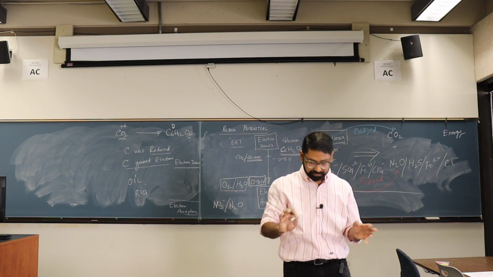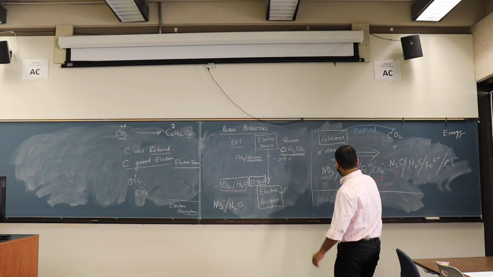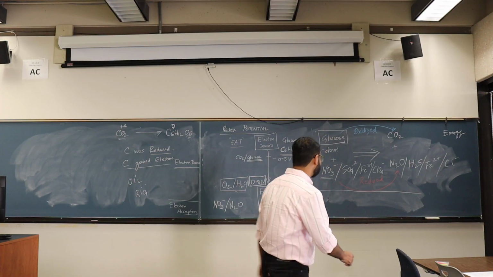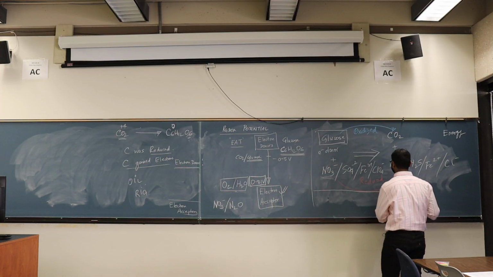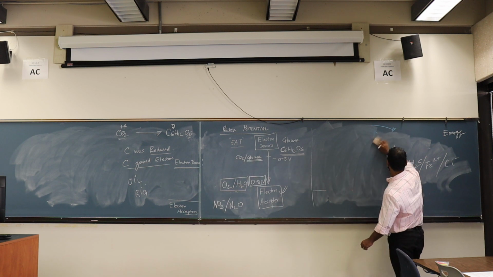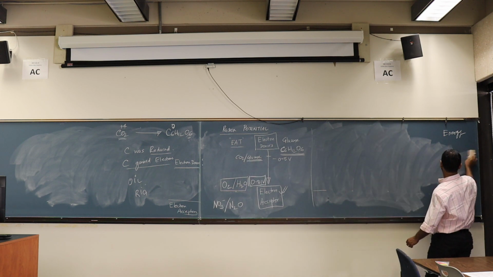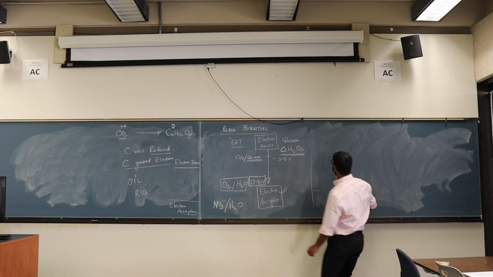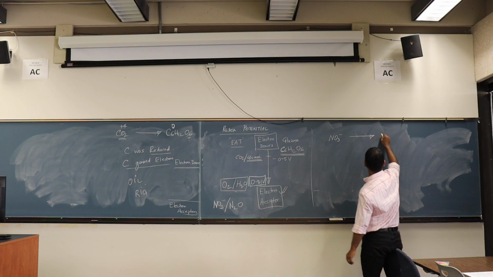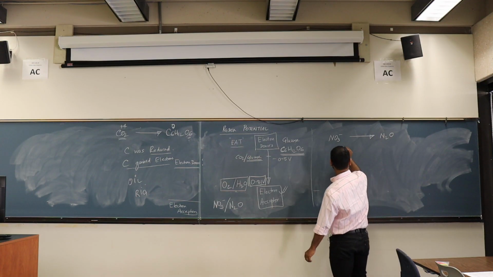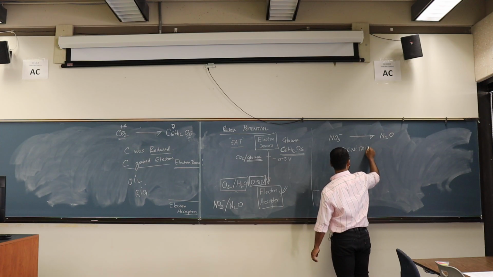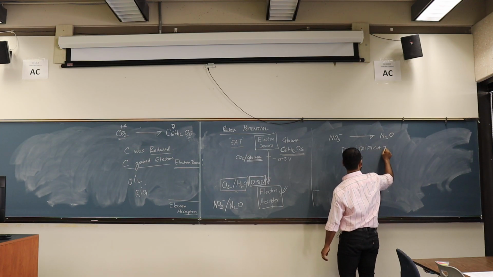But just for completeness' sake, this process, NO3 minus to N2O or NO, is called denitrification. You have this NO3 minus and you are producing this N2O gas. This is called denitrification.